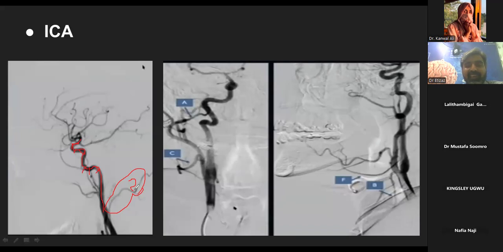It means it is not an internal carotid artery injection only. This is a branch of the external carotid artery. So again, it is a CCA, common carotid artery injection. Remember, look at here. This is the vertebral part. The vertebral part can never give branches. These are different branches of this. This is the superior thyroid artery.